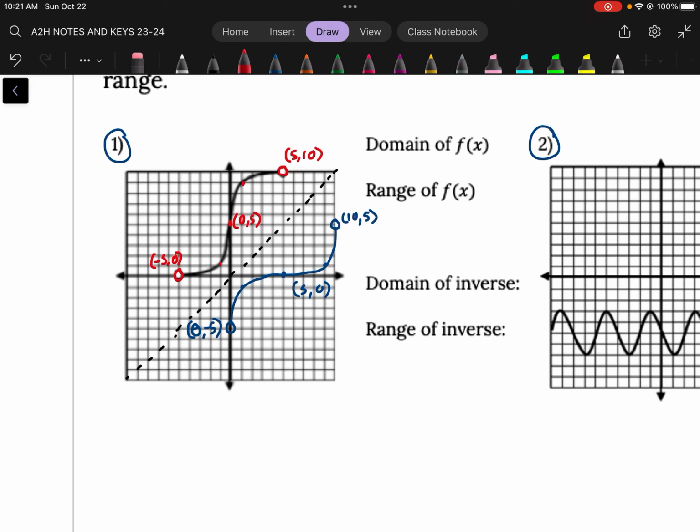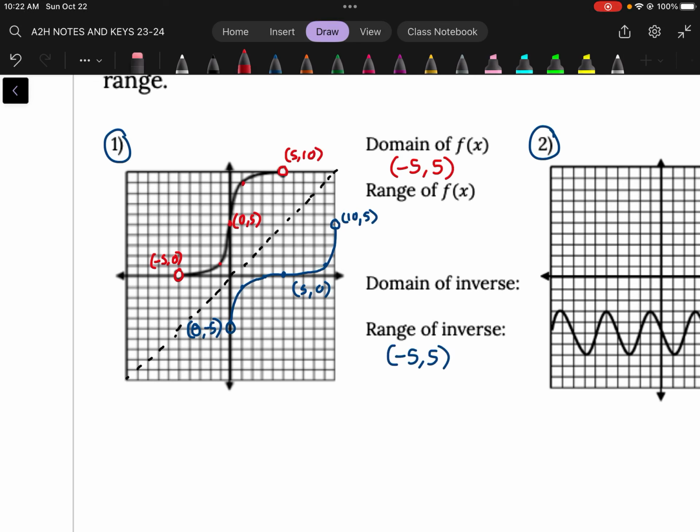Now, one thing we talked about last time is this buy one, get one free, right? So our domain of f of x, hopefully we see, is negative 5 to 5. I'm not including the endpoints, because there are open circles there. And right off the bat, I know the range of my inverse should be the same, negative 5 to 5.